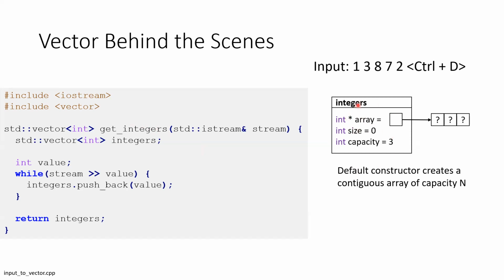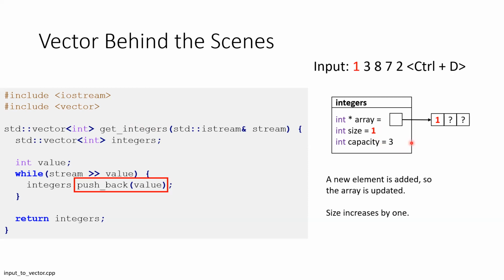First, we have an integer array in pointers, the size is 0, and we have a capacity of 3. During the first push back, it will increase the size and write 1. If that's the input, then let's continue to the second input.